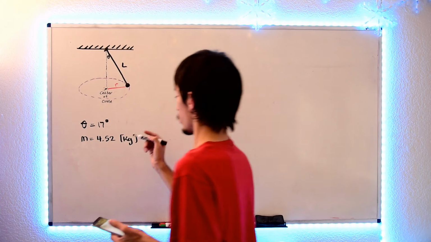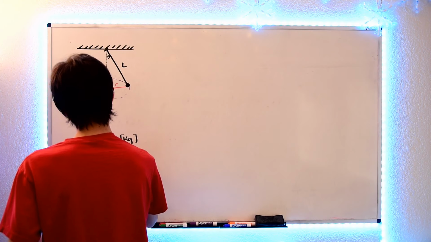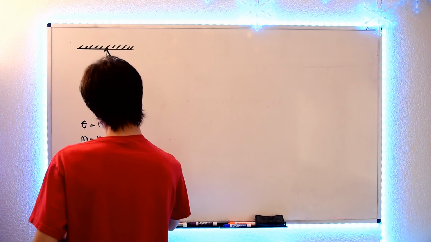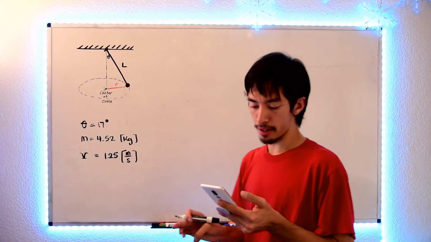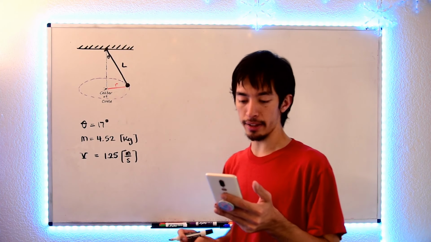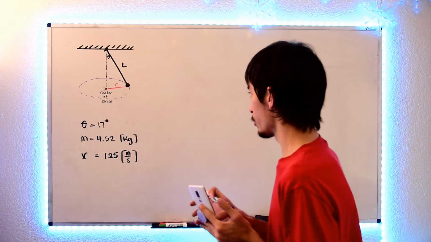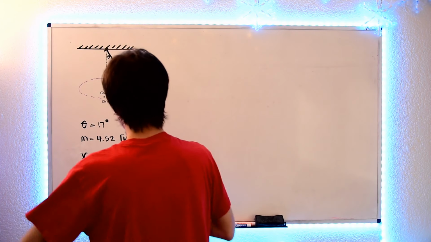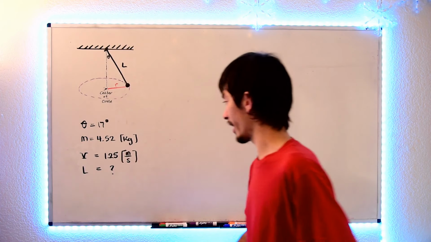So v is 1.25 meters per second. It says, what must the length L of the string be? So we're solving for L. We don't know what L is.